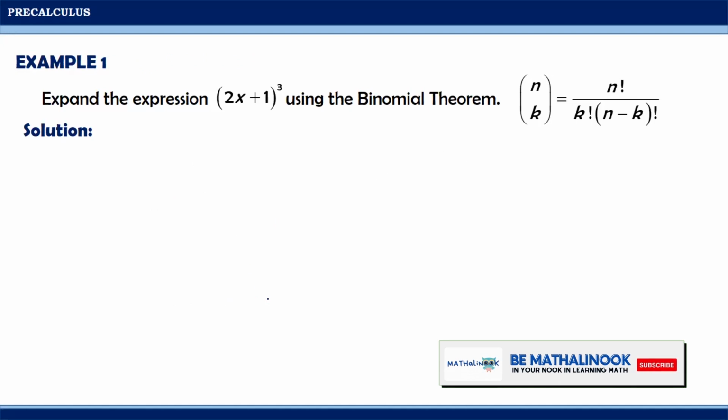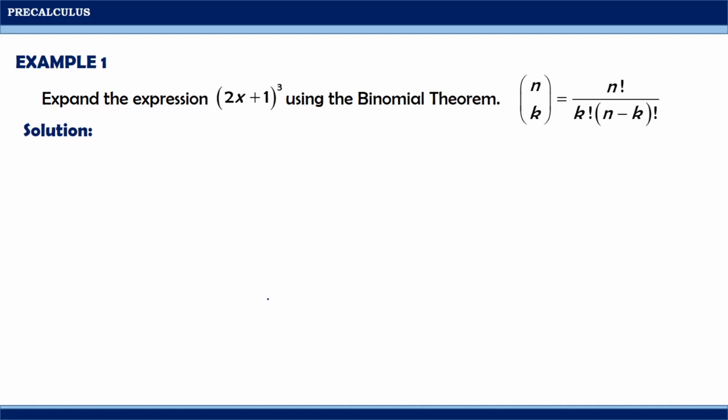Let us try to solve some examples using the binomial theorem. For the first one, expand the expression (2x + 1) cubed using the binomial theorem. Notice that the value of n is equal to 3.